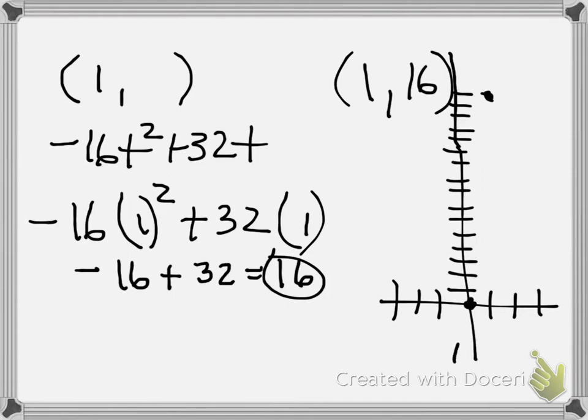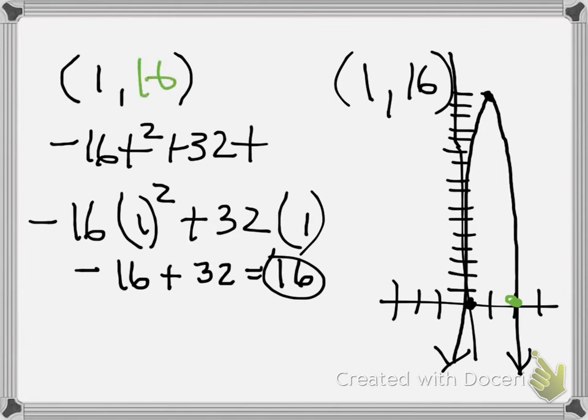It goes up, and at 1, 16 it turns around and goes back down. Because parabolas or quadratics are symmetric, because it went up in 1 second, it has to come back down in 2 seconds. So this is a valuable point here. 1, 16 is my vertex.